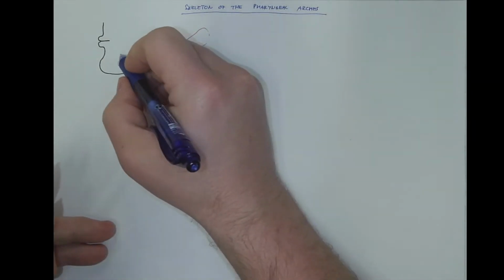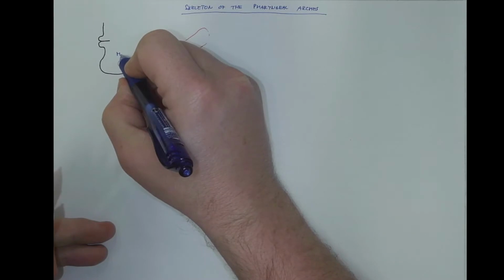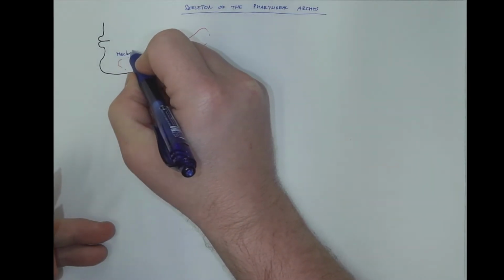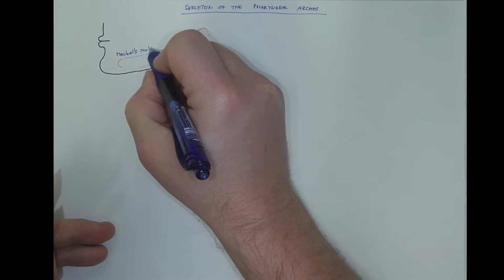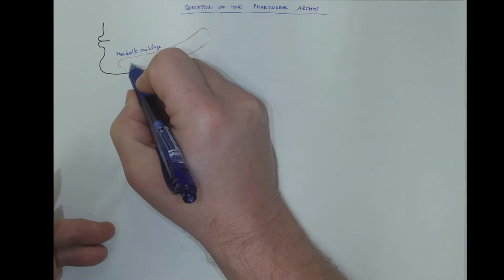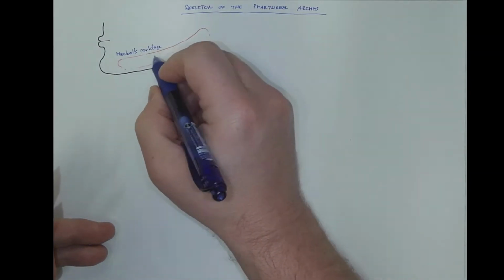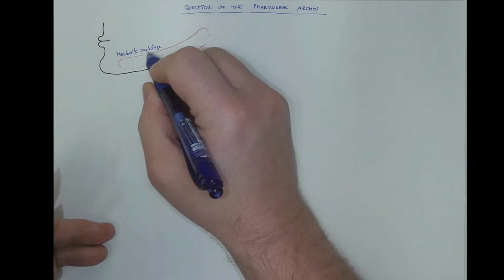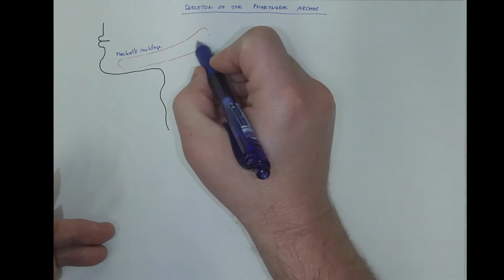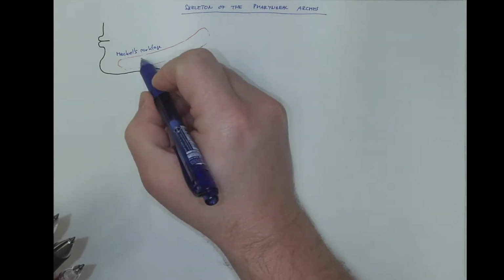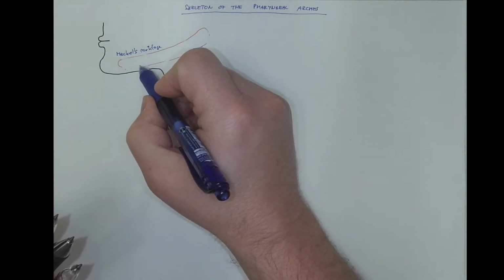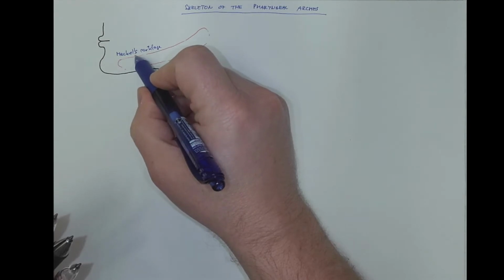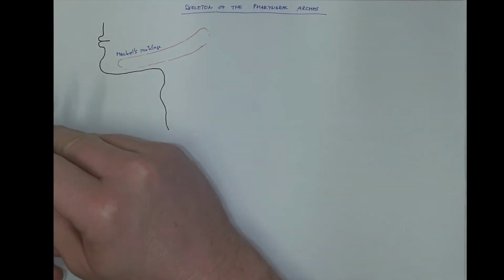It's Meckel's cartilage. Meckel's cartilage is a piece of cartilage that forms the axis of the embryonic mandible, but later on it's destroyed and the final mandible ossifies in a membranous way around the cartilage.